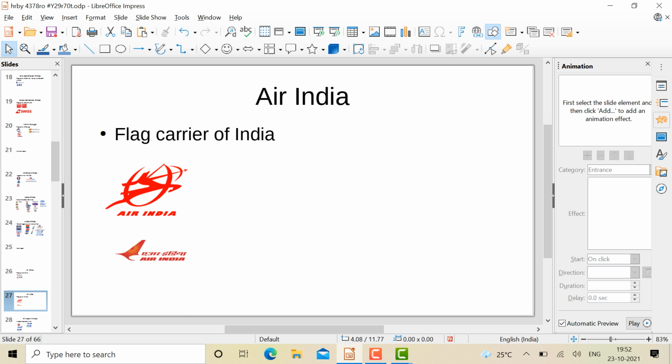Then the emblem was changed to a sun, and that is the current logo. The name Air India was added in Hindi, which is the native language of India. In the next one, the font was changed.